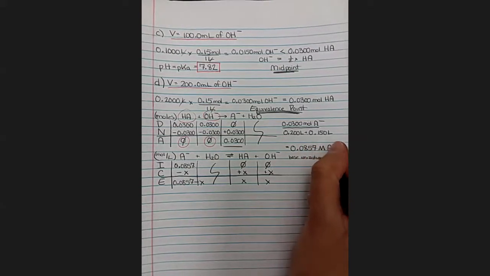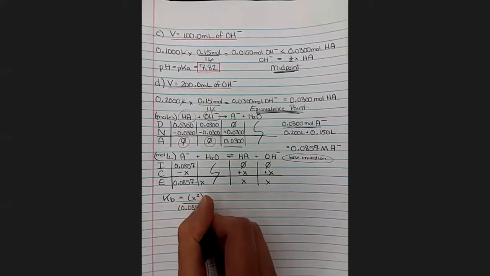All right, so we need to throw this into an equation, and this is one of the first times we've used a weak base. So when we're doing a base ionization, for our ice table, we need to use a Kb, and that is going to be equal to x squared over 0.0857 minus x.